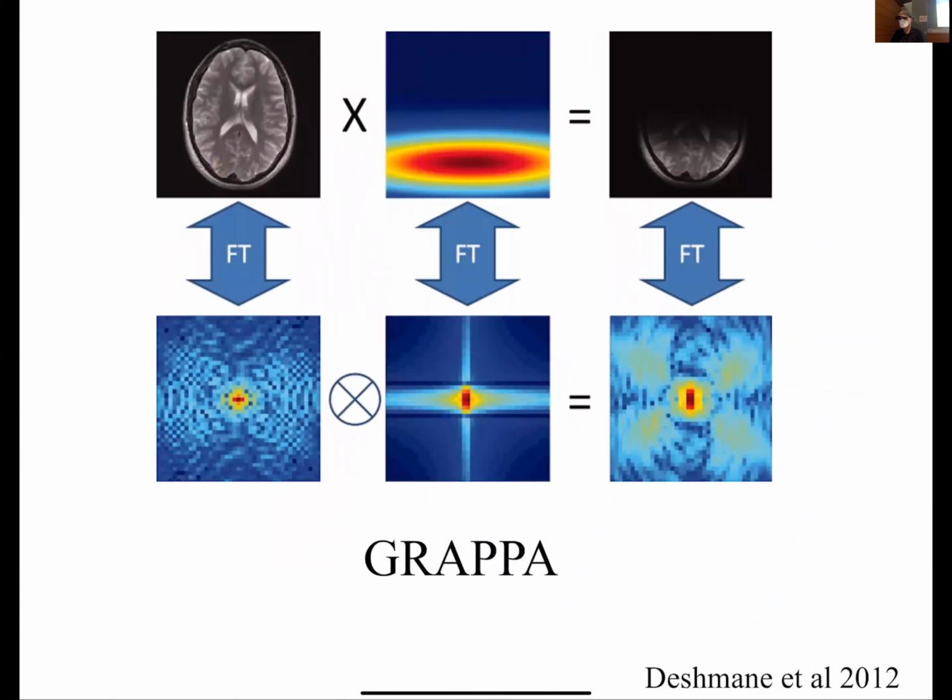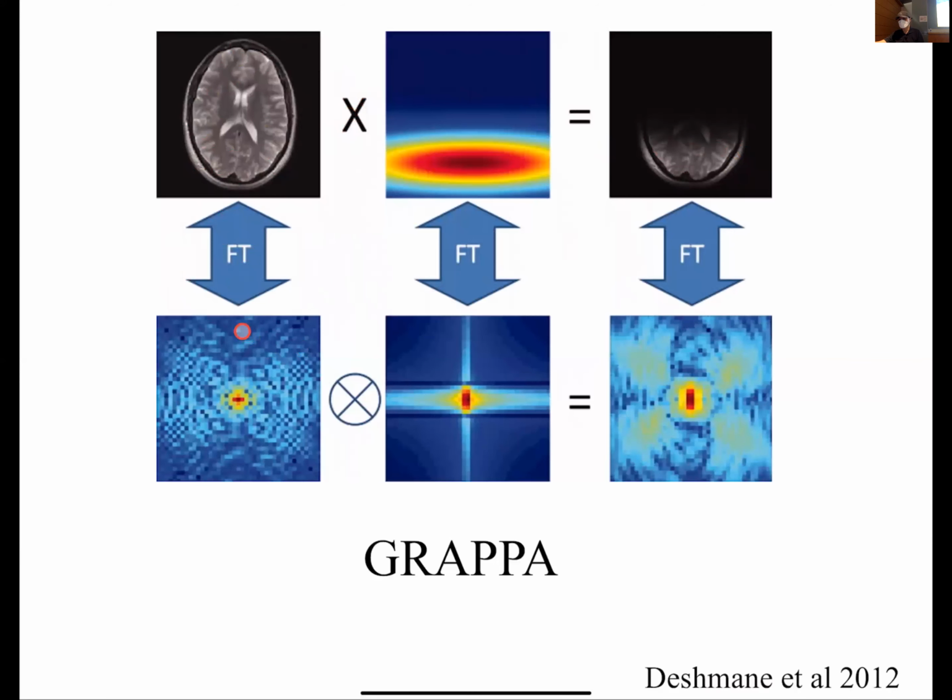Okay. We're just going to talk a little bit about GRAPPA, to show you how the concepts from this course are actually used in the real world. You remember that if I take my object and multiply by the coil sensitivity pattern, I get my image. This is multiplication in the image domain.